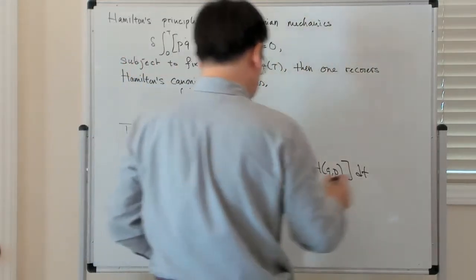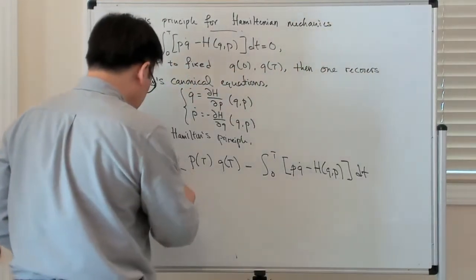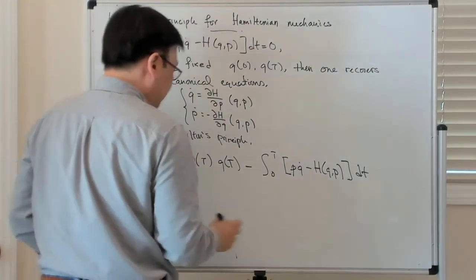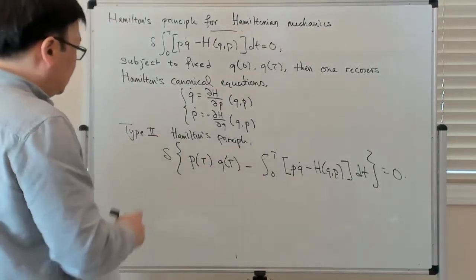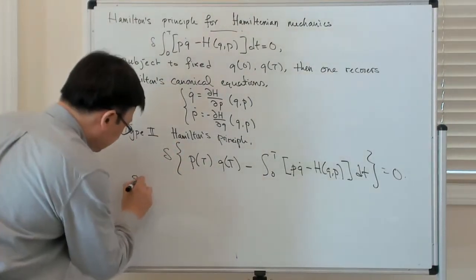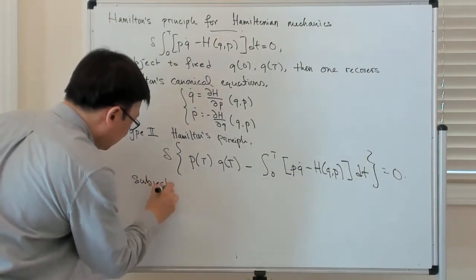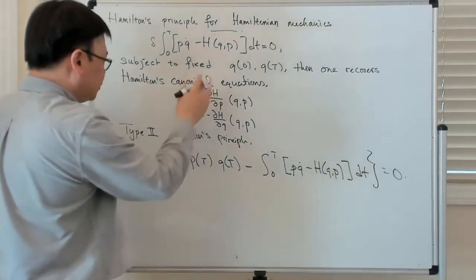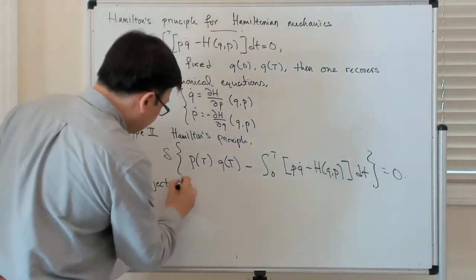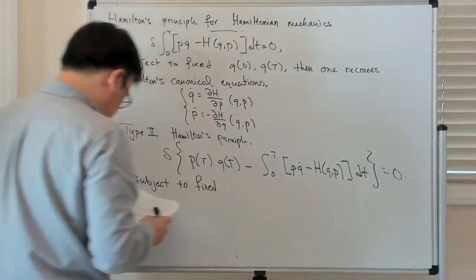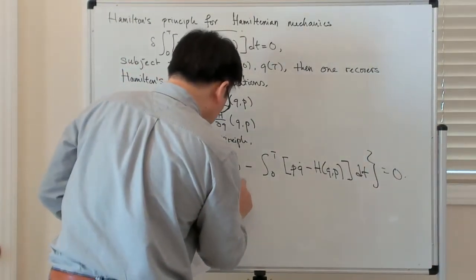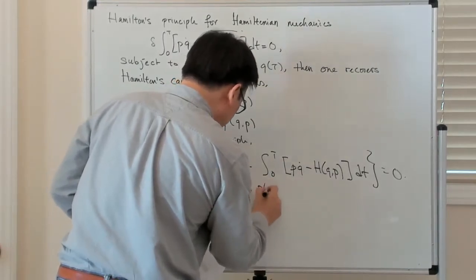All right, and you want the variation of the whole thing to be equal to 0. Okay, and this is subject to the type 2 boundary conditions. So it's subject to fixed q0 and p(T).